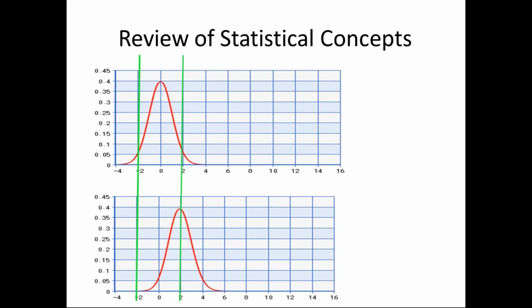What's happening to the area as I shove it back toward 0? I get less in the upper tail. Power went down. Suppose I keep pushing it further and further out. What's going to happen? Power approaches what? 1, because you'll have the whole curve above 2.